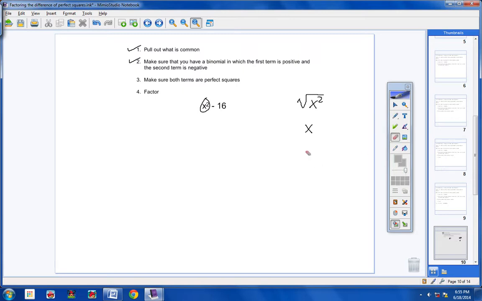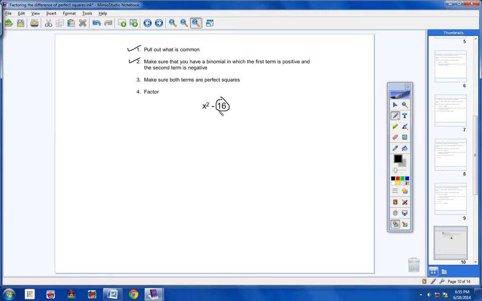Now, you've been taught pretty much your whole mathematical life that you cannot take the square root of a negative number. That's true, unless you're using imaginary numbers, and we'll get to that later. But when I say in step 3, make sure both terms are perfect squares, I'm saying to forget the sign. Don't worry about the sign. Just look at this term without the sign.